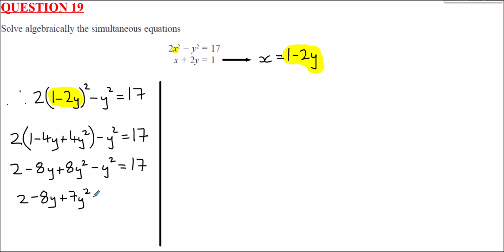So if I subtract 17 from both sides, that will all equal 0. I'm going to neaten this up slightly, so then we'll have 7y squared minus 8y, and then we're going to have 2 minus 15, and that will equal 0.